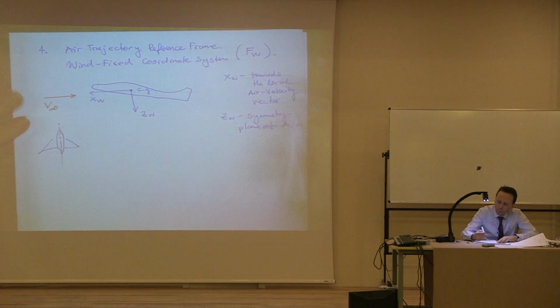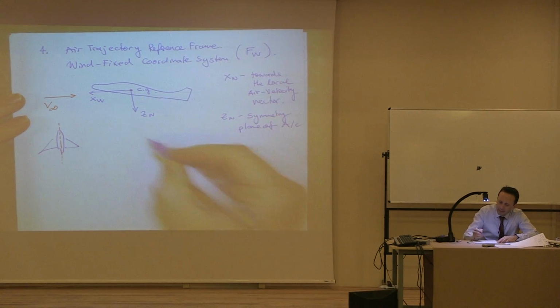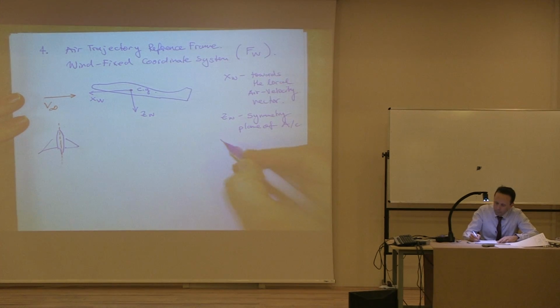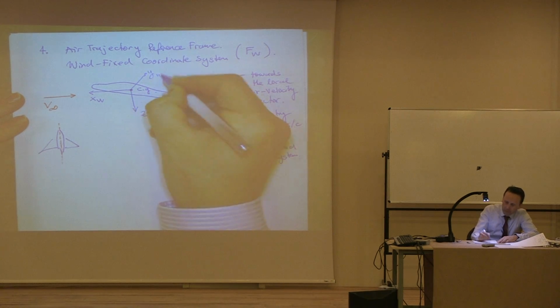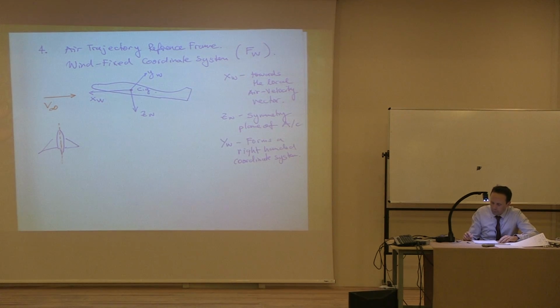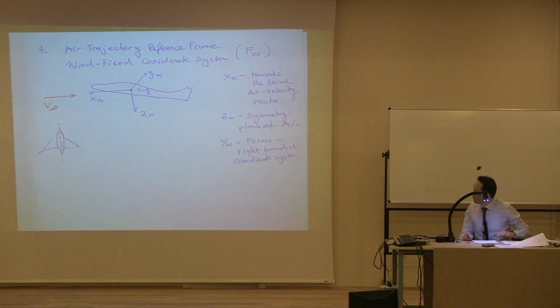And YW is such that it forms a right-handed coordinate system. So it must be in this direction in this picture. It forms a right-handed coordinate system, so it must be like that.